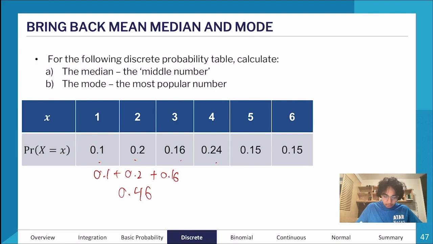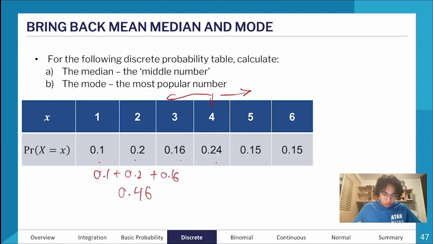And then I can add the 0.24, and that's going to be greater than 0.5, right? So clearly the median is in between 3 and 4, but since I'm dealing with discrete variables, I can't have a thing between 3 and 4. So I'm going to say 4 is my median, right? Because 50% lies below and about 50% lies above.